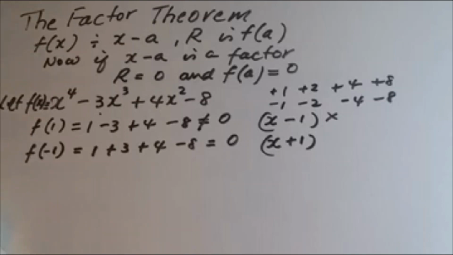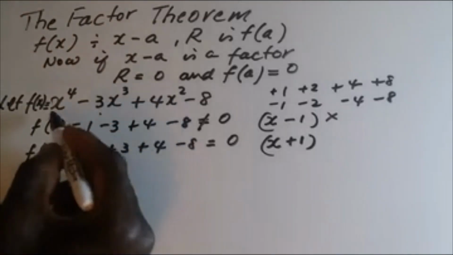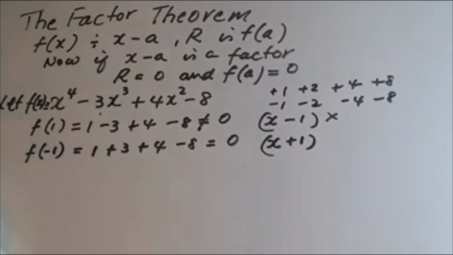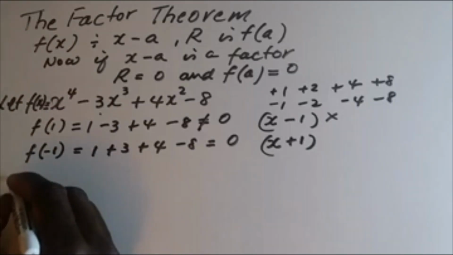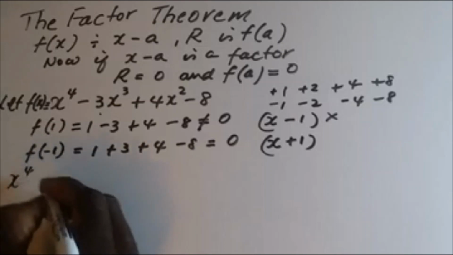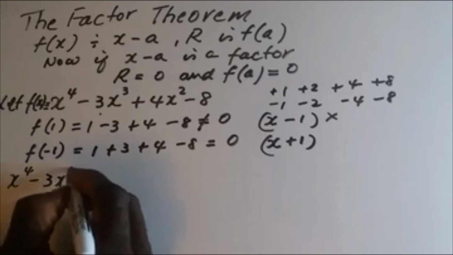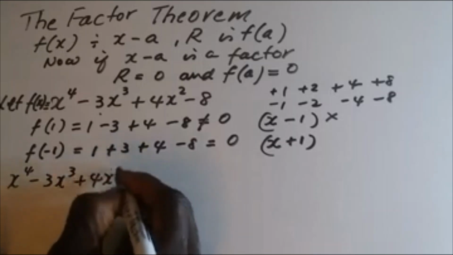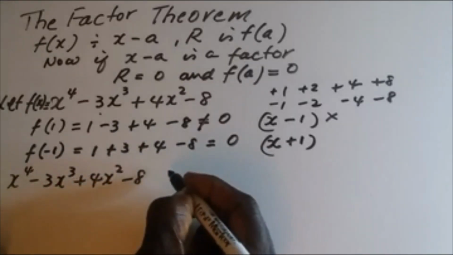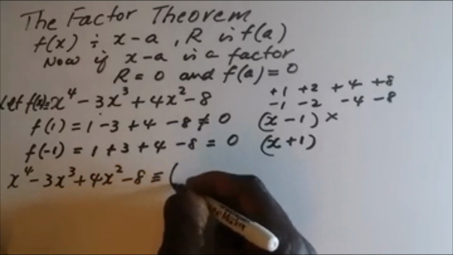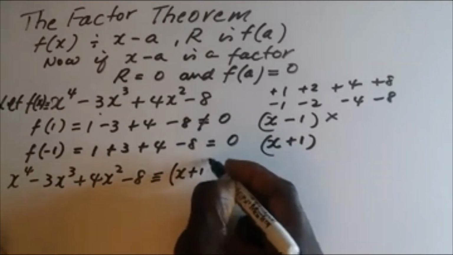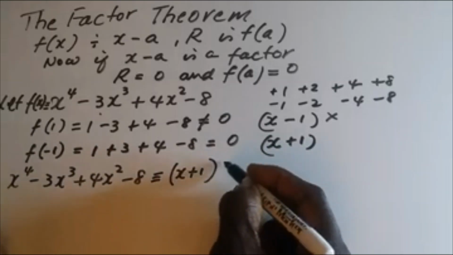So we need to remove this from the original polynomial and show it as a factor. So that's what we're going to do now. We have x to the 4th minus 3x cubed add 4x squared minus 8 is directly equivalent to what we just found. X add 1 is our first factor.